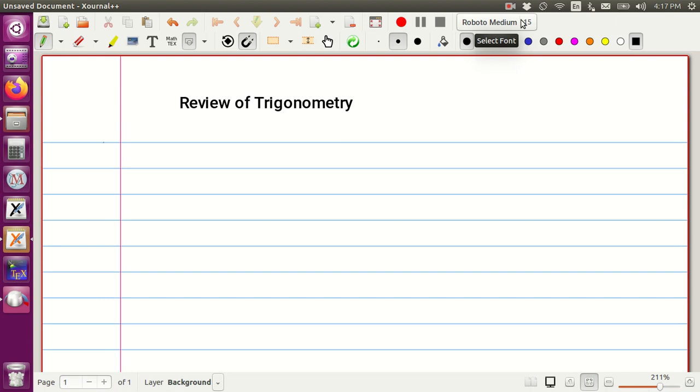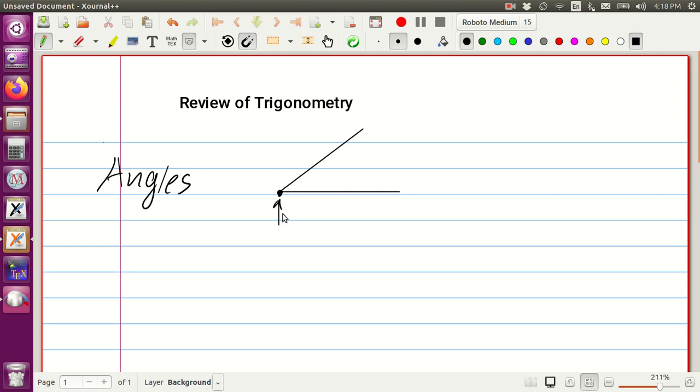Hello students, in this lecture we're going to start reviewing trigonometry, and the first thing we're going to talk about is angles. So an angle is pretty much a simple geometric figure. It has two sides and the vertex.